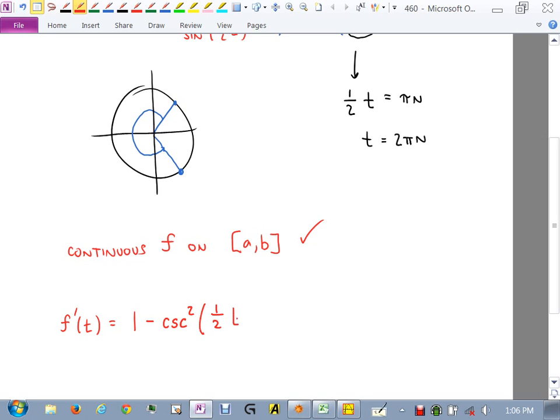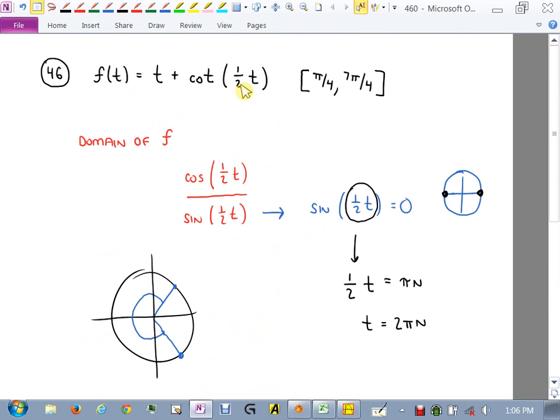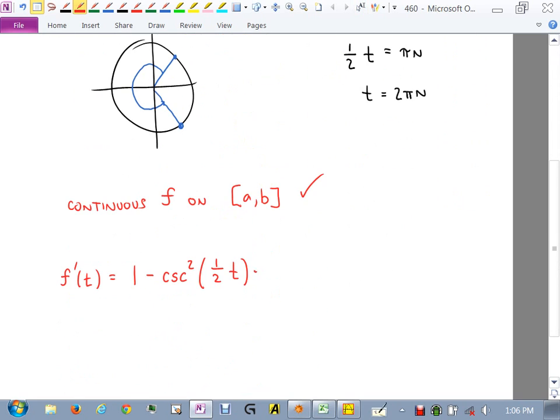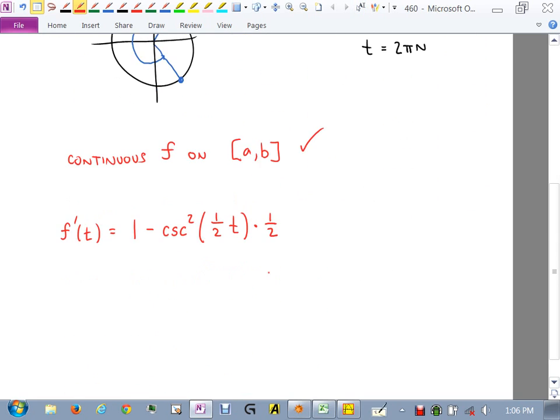Am I done? Then times the derivative of what was inside. So chain rule. Derivative of what's inside is what? 1/2. So my derivative is 1 minus 1/2 cosecant squared of 1/2 t. All right, that's my derivative.